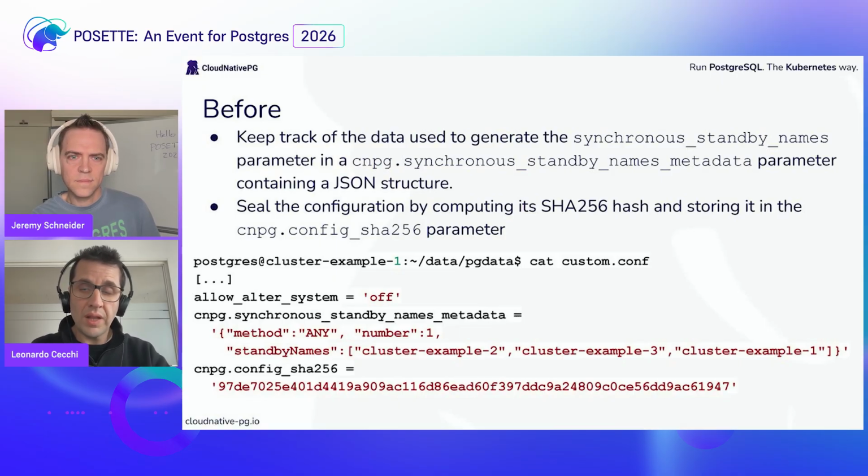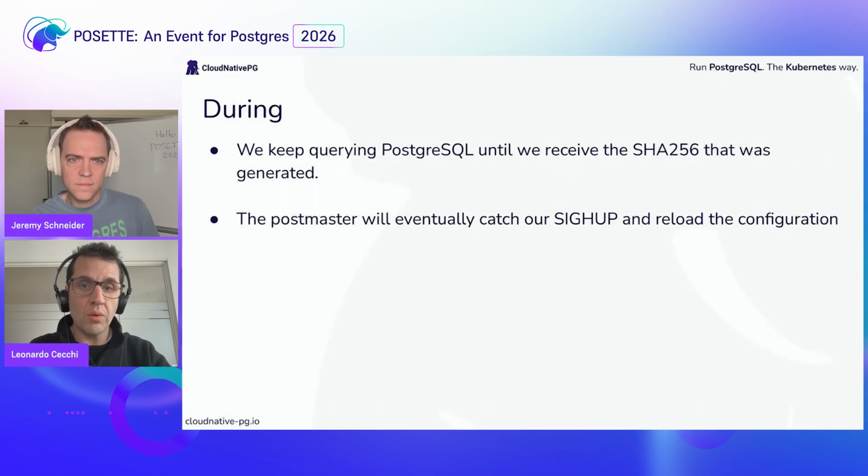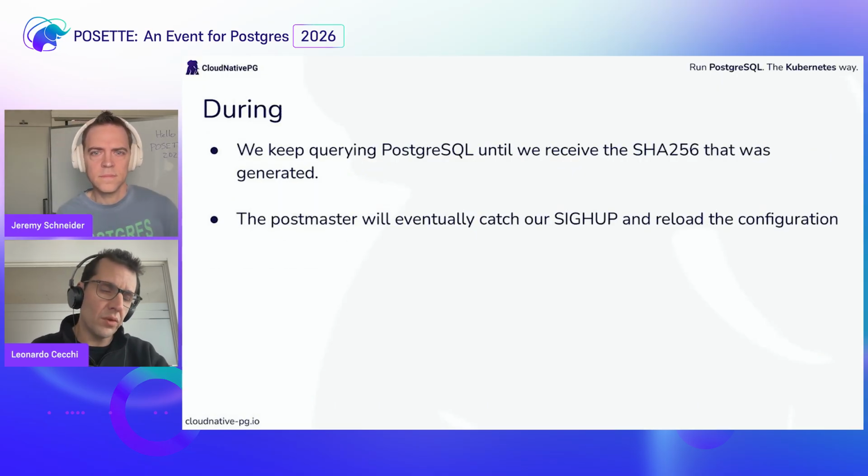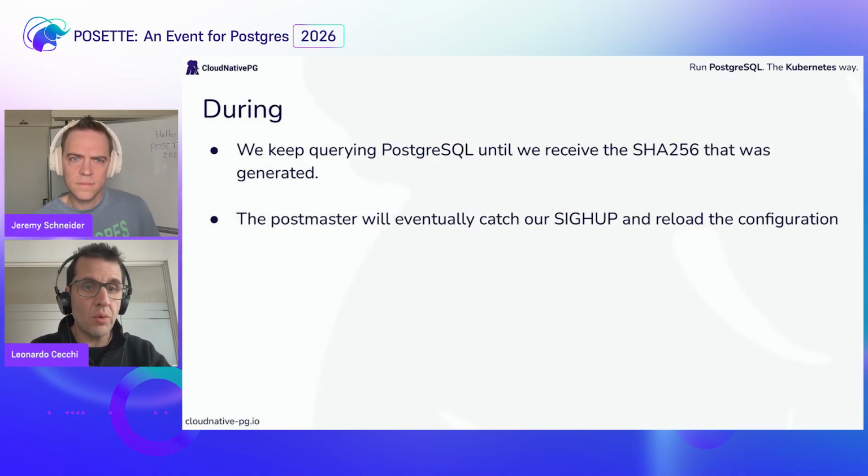And having done that, we can see in the next slide that we can now wait after we SIGHUP the postmaster. We can now wait until Postgres gives us the same hash that we put inside the configuration file. The postmaster will eventually catch up our SIGHUP and reload the configuration.